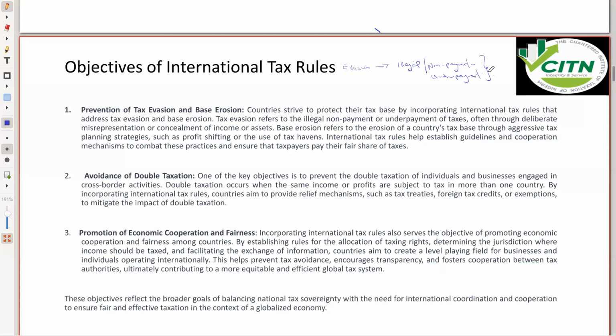So let's take a typical example. We typically do what is called self-assessment in Nigeria. In other words, the companies are required to declare to the government how much they earn in the course of the year, and then they pay tax on that.